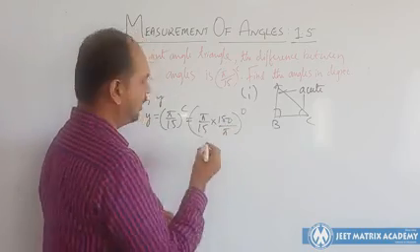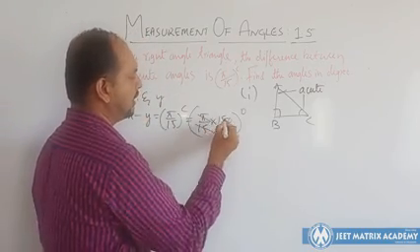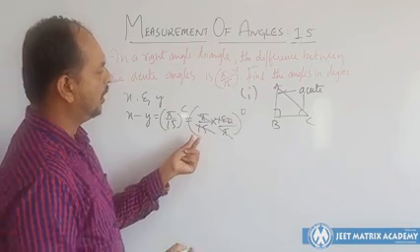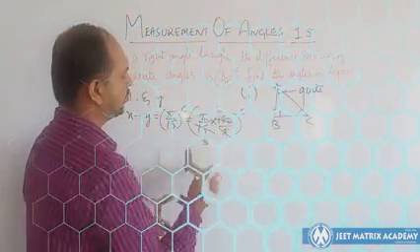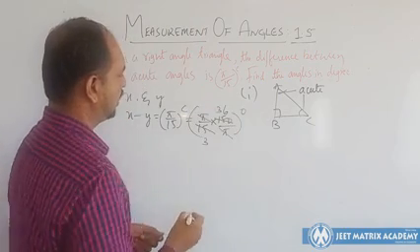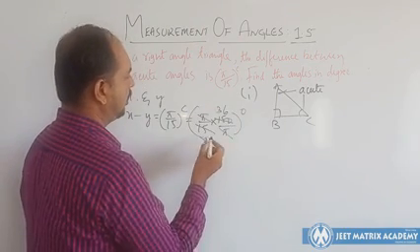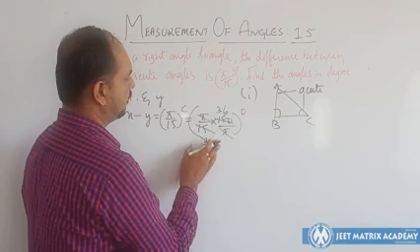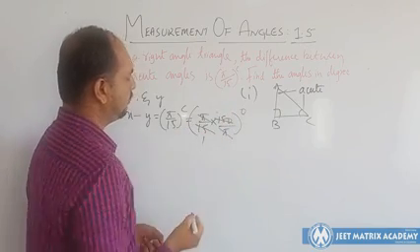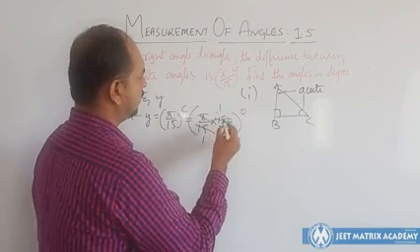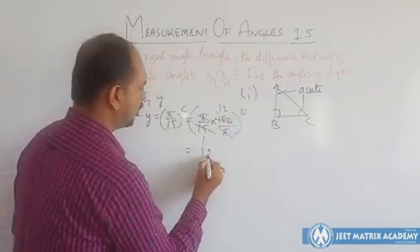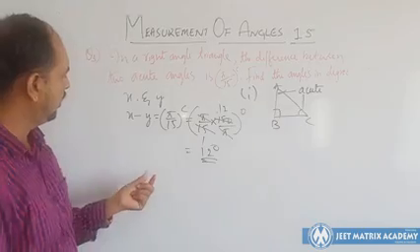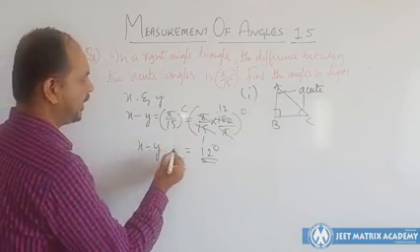Pi gets cancelled. 15 times 12 is 180, so this will be 12. So x minus y equals 12 degrees.